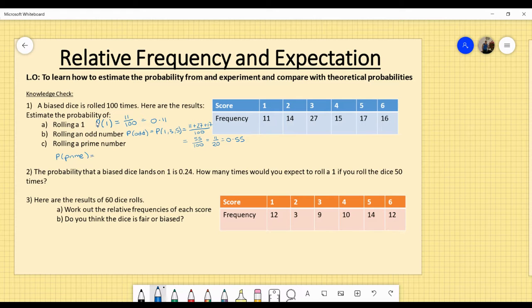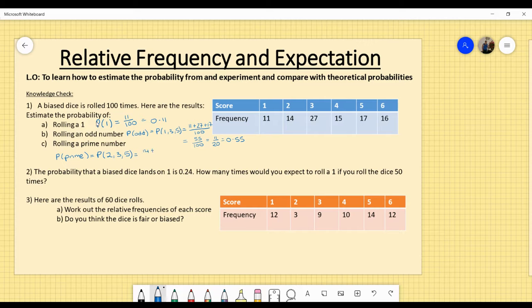Okay, and then our last one, the probability of rolling a prime number. Okay, so remember, a prime number is any number that has exactly 2 factors, 1 and itself. Therefore, 1 is not a prime number because it only has 1 factor. 2 is a prime number. 3 is a prime number. 4 isn't. 5 is, and 6 isn't. So again, we're just going to add those things together.